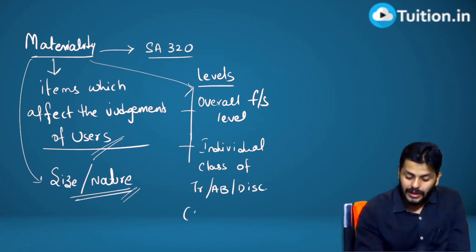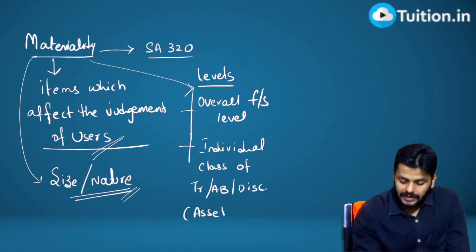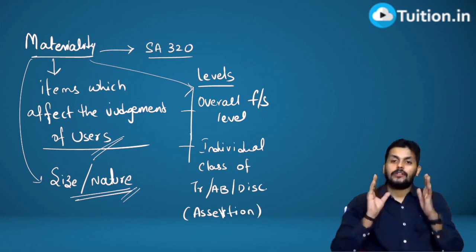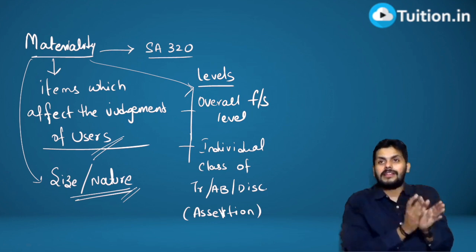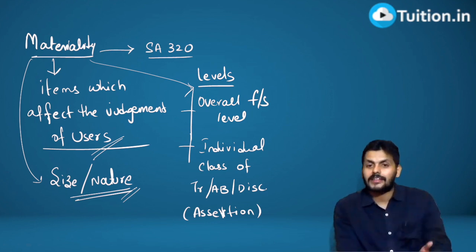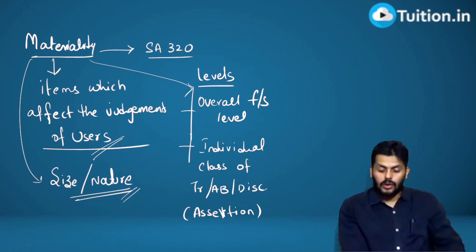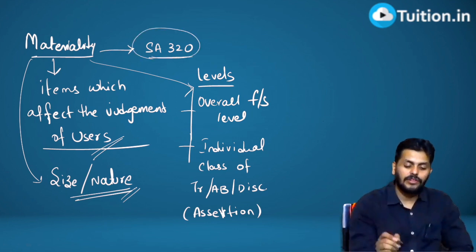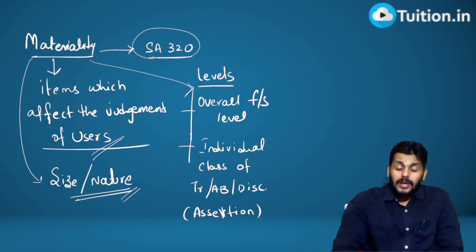And most of you have seen this as nothing but assertion level. So the two levels at which materiality is set are the assertion level and the overall financial statement level.